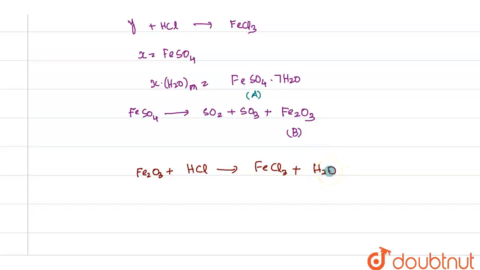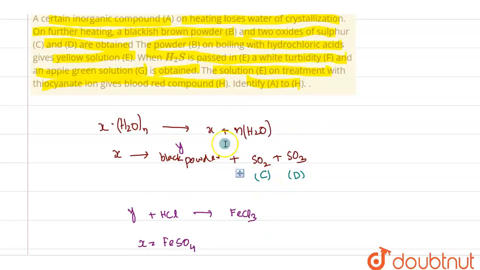When we balance it, we have 3 O, so there should be 6 HCl and 2 FeCl3. This will be the balanced equation, and this will be compound E. So we have got A, B, C, D, E.